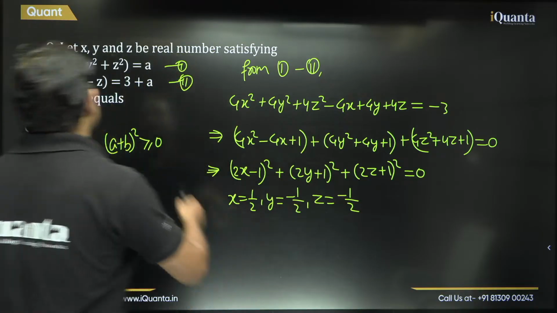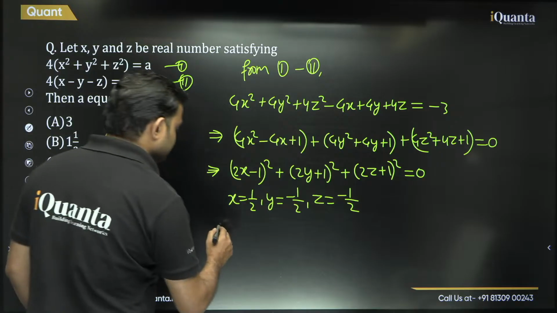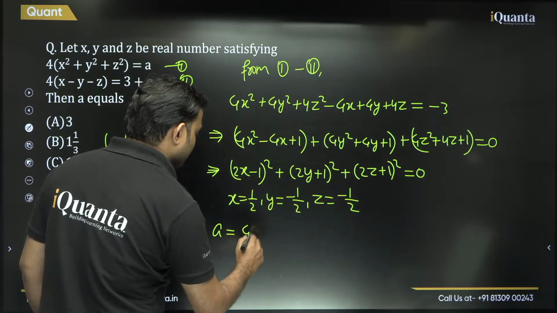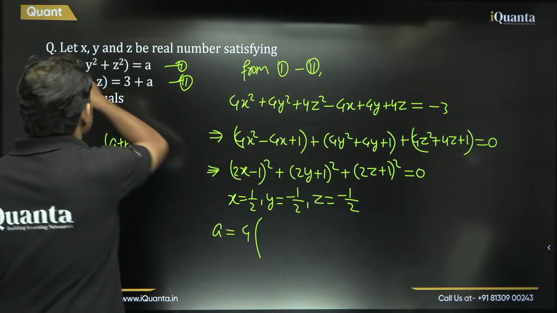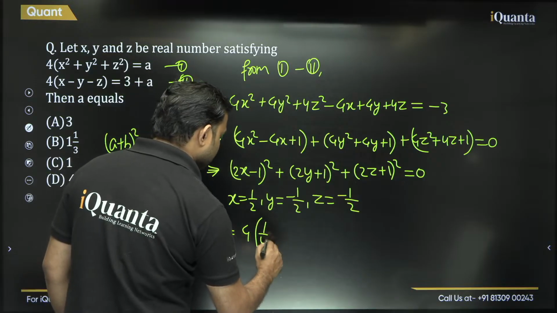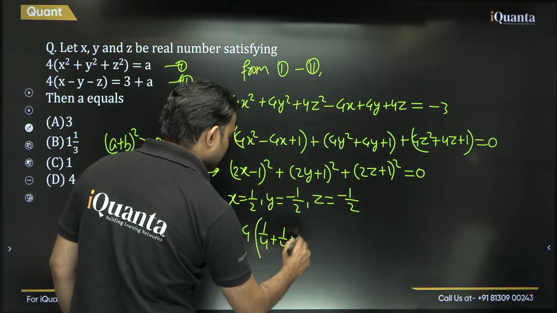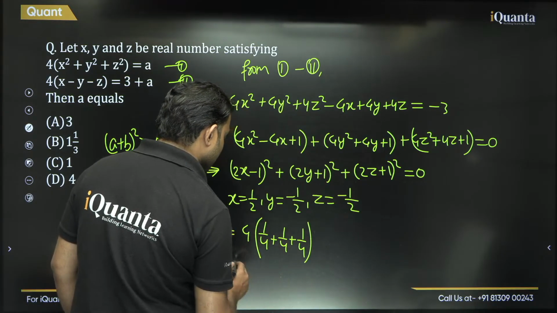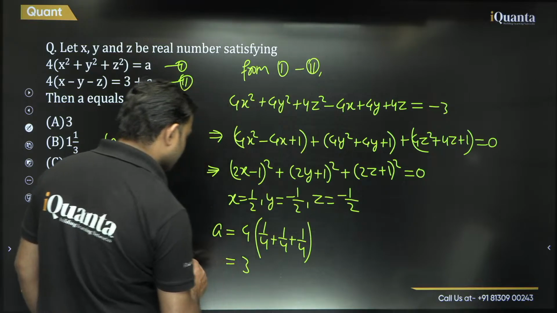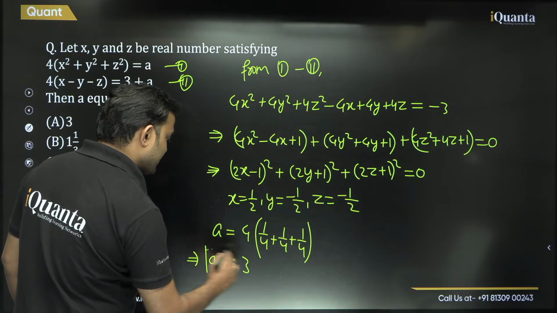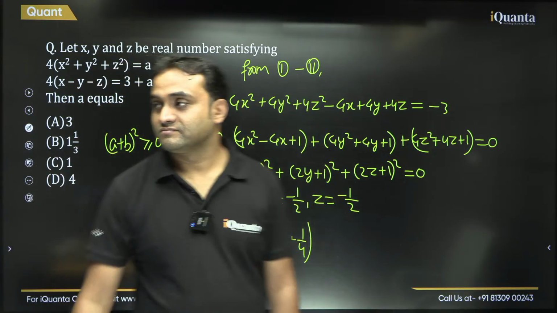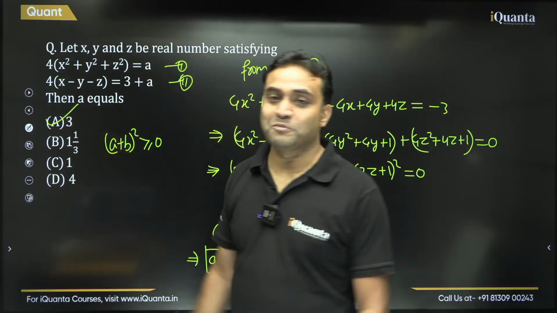Now if you need to find the value of a, what we can say? A will be equal to 4 times, यहाँ हो जाएगा x square 1/4, then again 1/4, then again 1/4, which is equal to 3. We can say a is equal to 3. So our answer is option A.